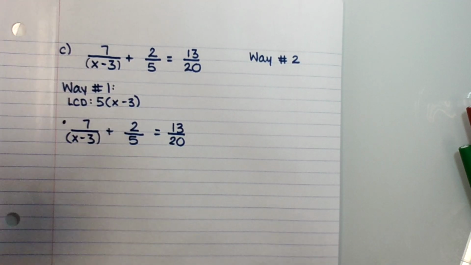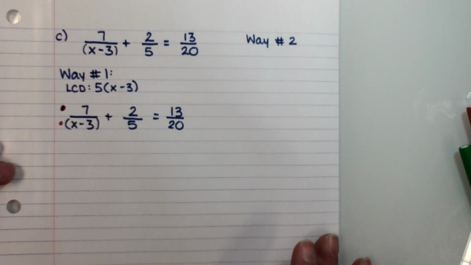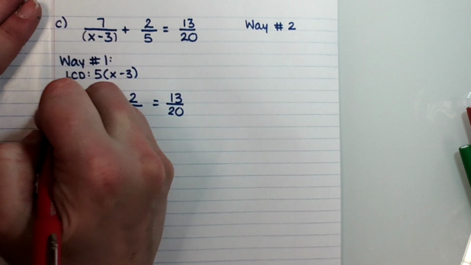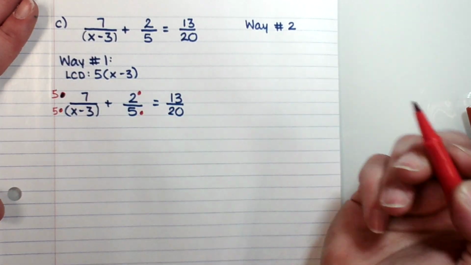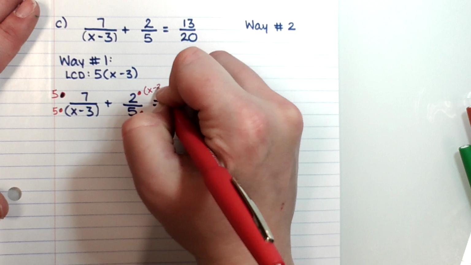What would I have to multiply by the first fraction? What's it missing? The 5. What would I multiply by the second fraction? The x minus 3 in parentheses.